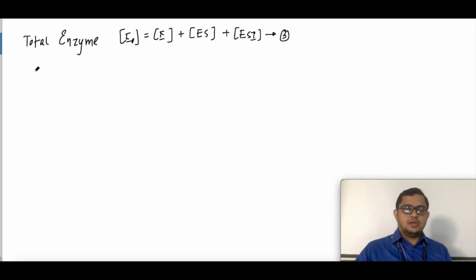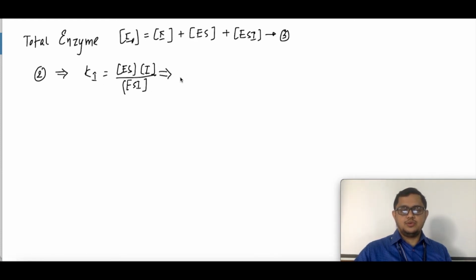Now take equation number 2 and replace ESI. Equation number 2 is Ki equal to ES into I divided by ESI. From this you calculate ESI and substitute.